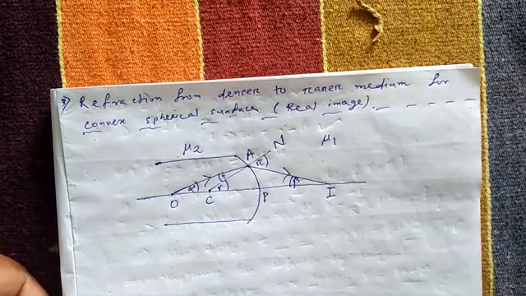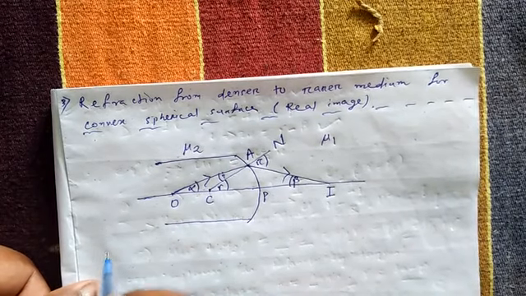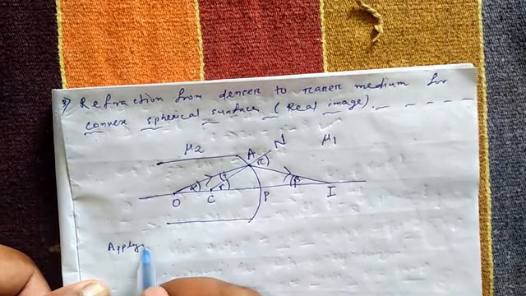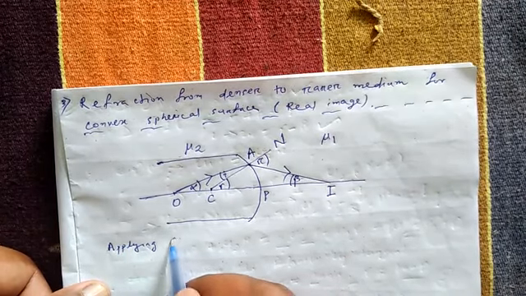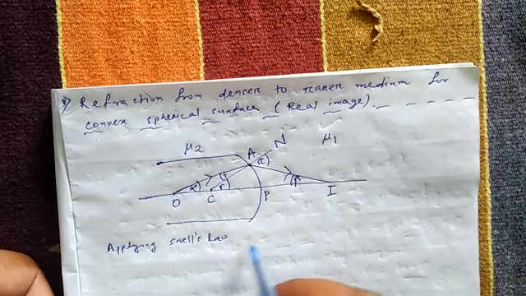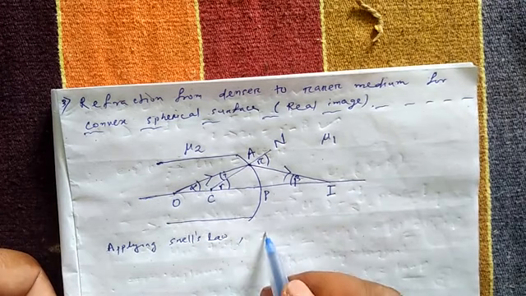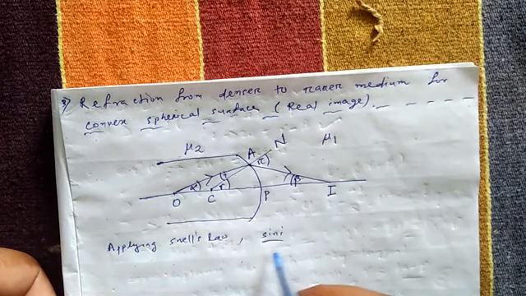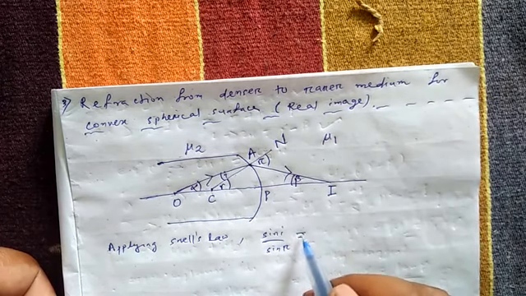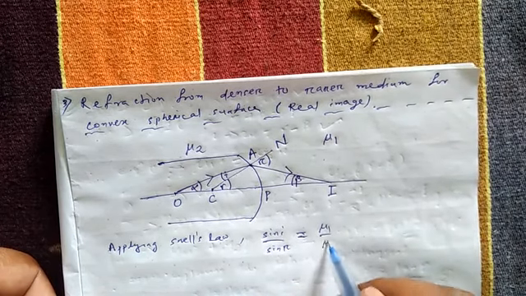And remember, all the angles are very small. Now, applying Snell's law, we can write sin I by sin R is equal to mu1 by mu2.